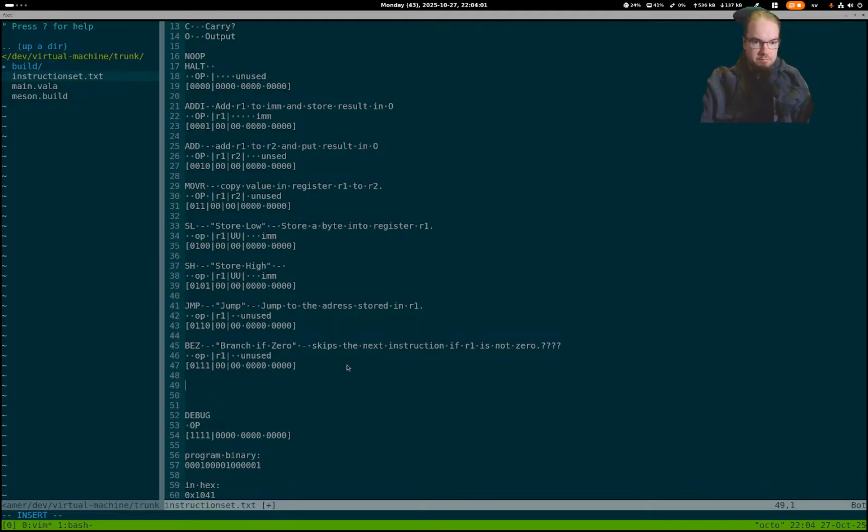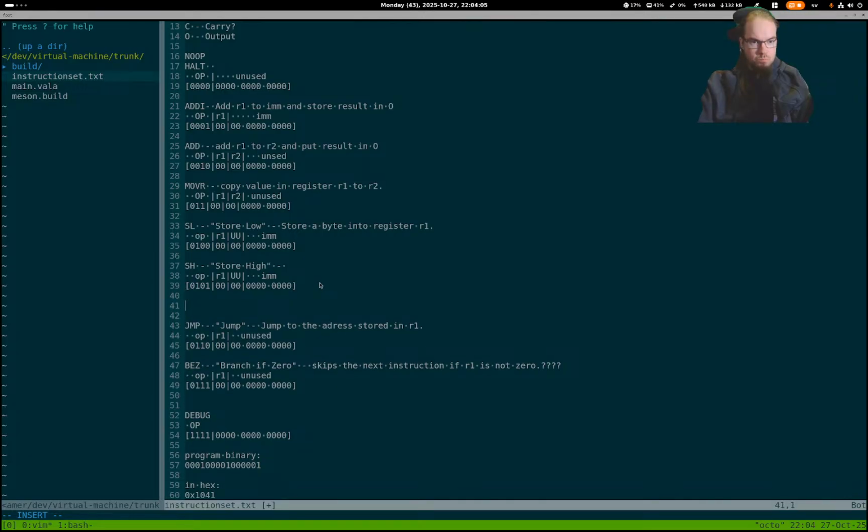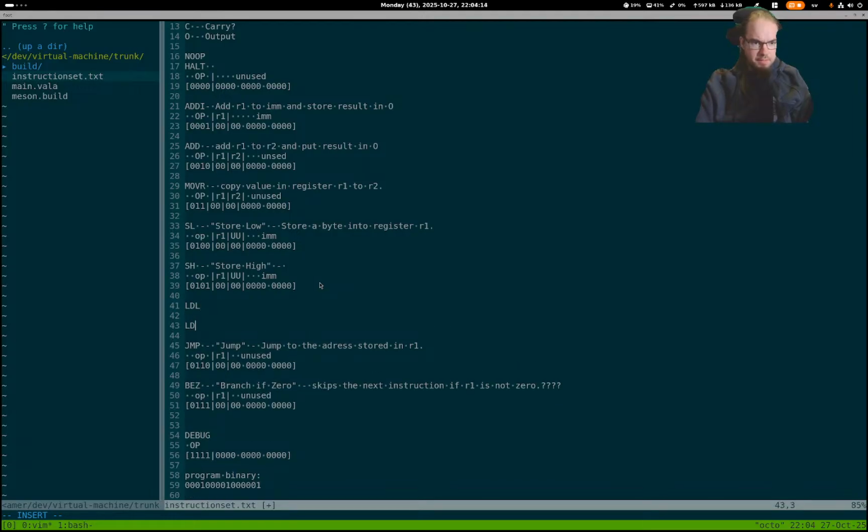We need to have load, LDL and LDH, ST, STL, STH.